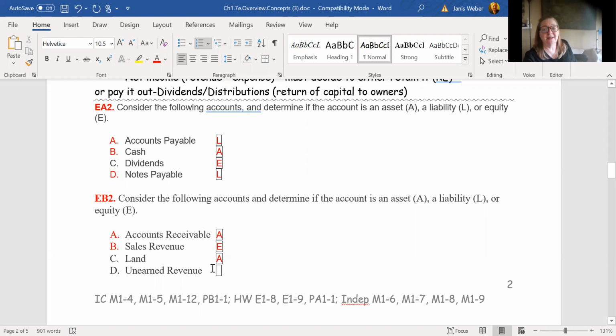And it's not that you owe money back to your customer, it's that you owe them the service or goods. If you don't deliver the service or goods, then you'll owe them the money back instead. So you owe the customer something because they paid you in advance, unearned revenue.